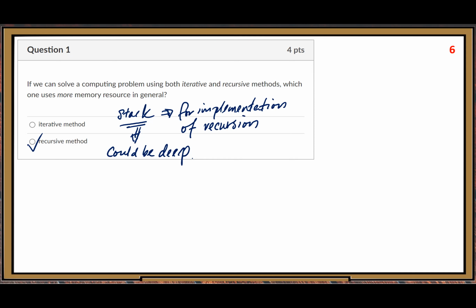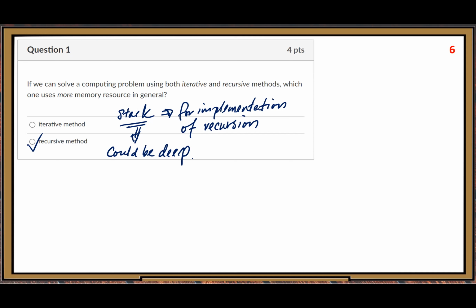So when you implement a recursion, a lot of memory resource is used. So that's the biggest drawback of recursion. So then in our consideration, sometimes we try to avoid recursion.